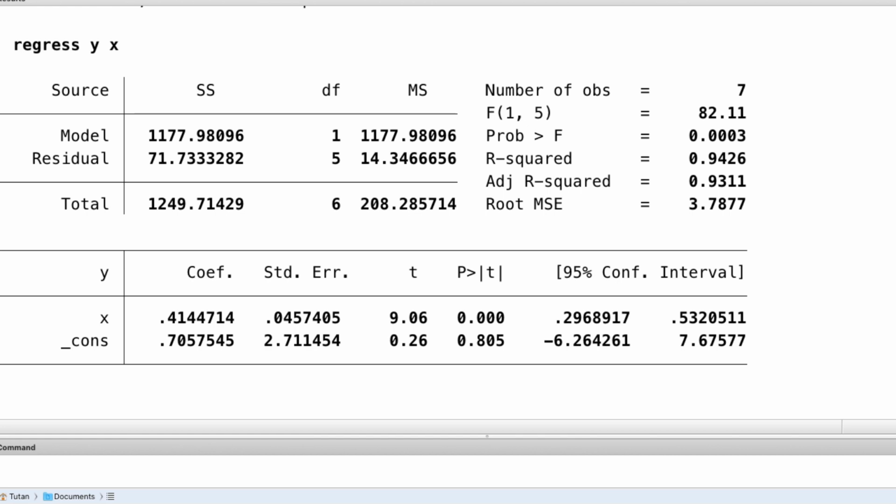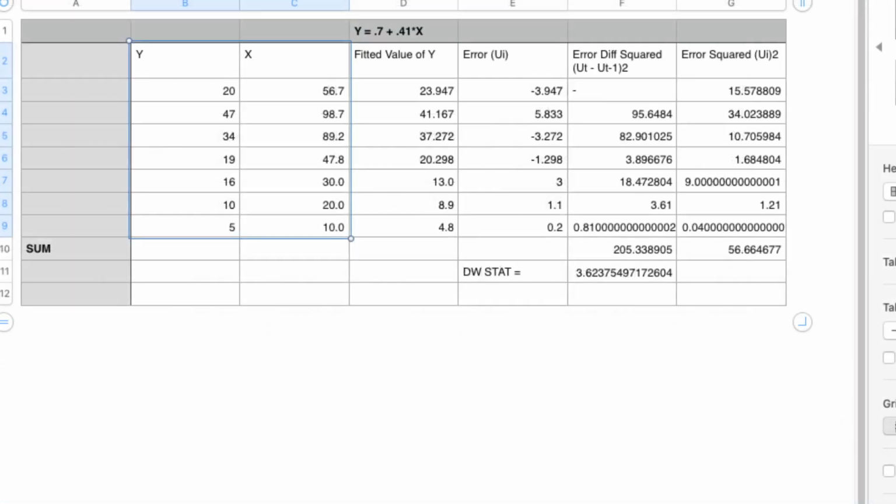Okay, great. So I got my regression equation, and I go back to my Excel and write down the regression equation: y is equal to 0.7 plus 0.41 into x. This new y is essentially the fitted value of y, right? Now if I plug the actual x, 56.7, into this equation, I get 23.94 for the fitted value of y, whereas my actual y is equal to 20.